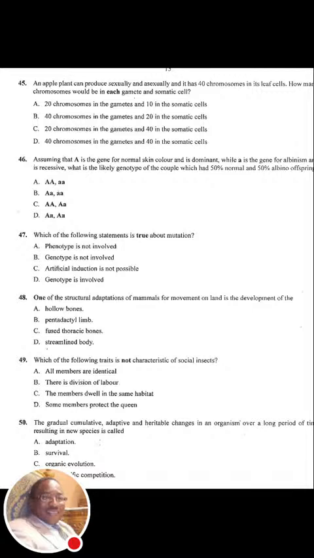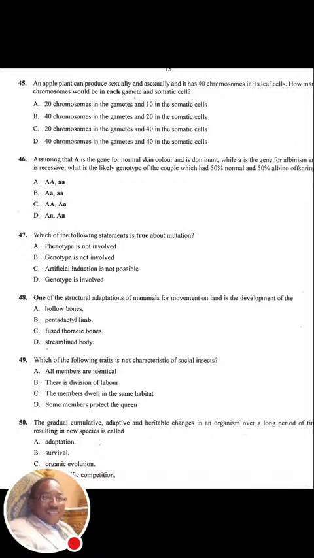B, 40 chromosomes in the gamete, never. That cannot even fall there. Now, 20 chromosomes in the gamete and 40 in the somatic cells, C is the correct answer. D, can't have 40 chromosomes in the gamete. So the correct answer is C, 20 chromosomes in the gamete and 40 in the somatic cells. This is simply application of meiosis and mitosis.